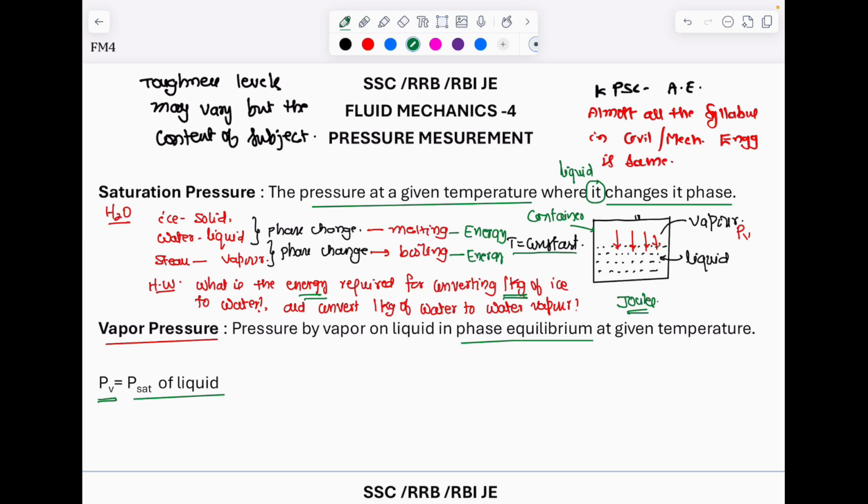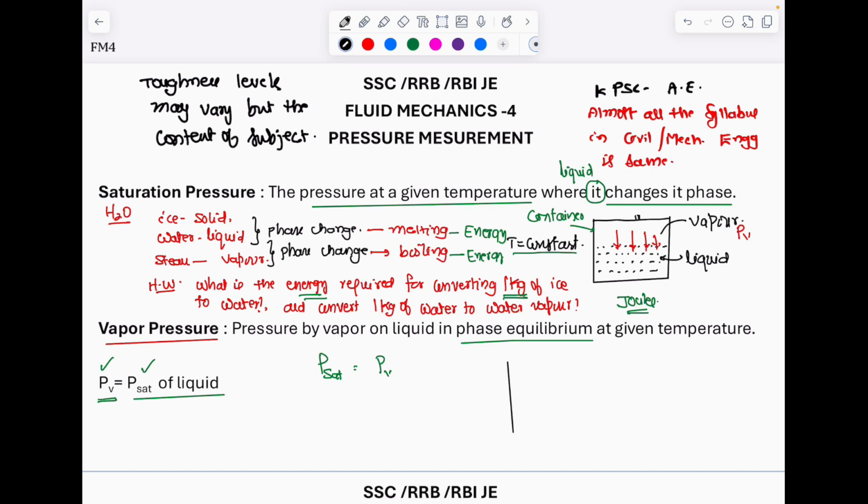Then the saturation pressure of the liquid will be equal to the vapor pressure. I will explain you again.